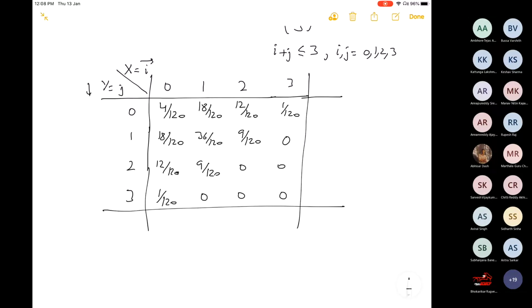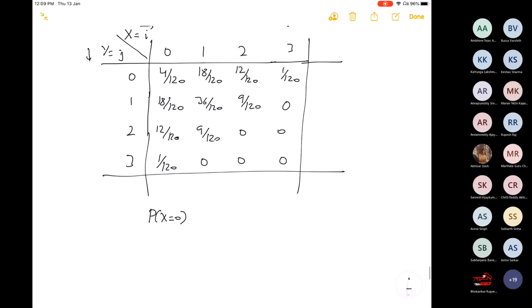Now, if I want to find the probability that x is equal to 0, then using the theorem of total probability, this is the summation over j of the probability x is equal to i, y is equal to j.